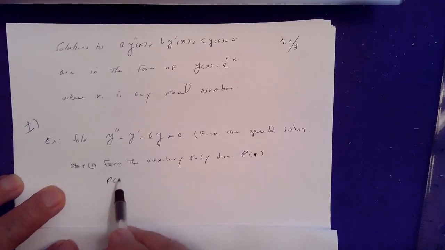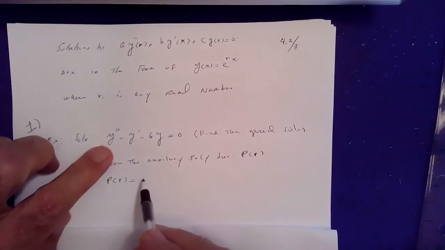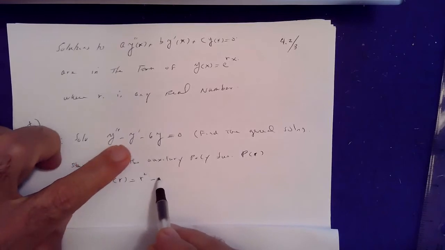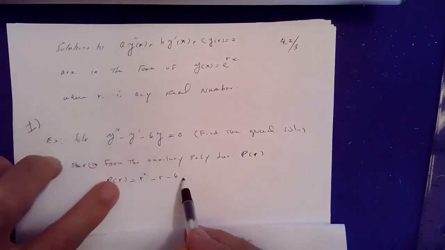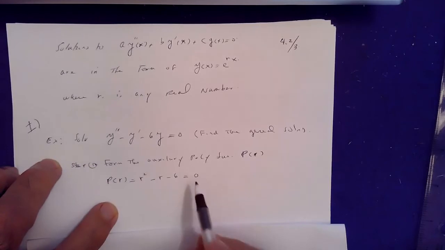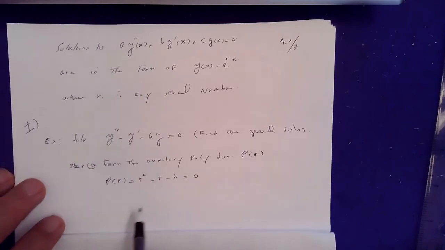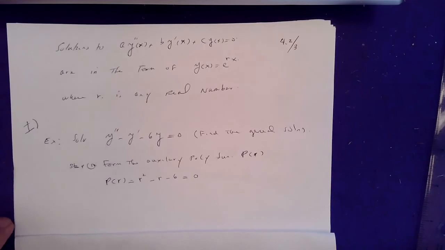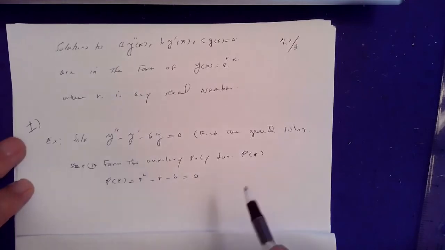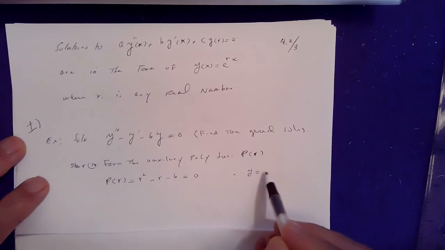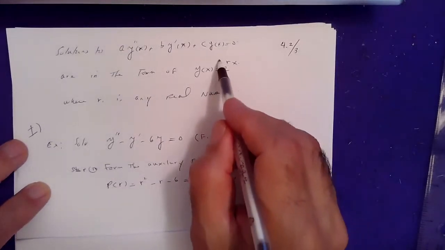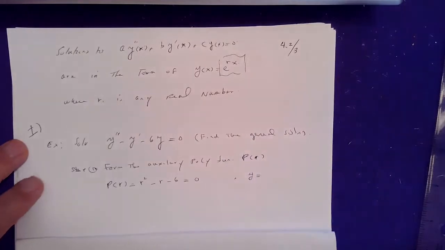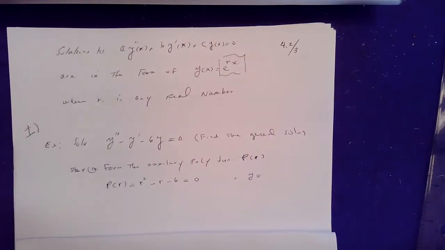How do you do that? Well, replace the y double prime with r squared, y prime with r, and then this guy is just constant. Where did this come from? Remember, if you substitute this general equation, e to the power of rx, and factor out e to the power of rx from the result, you will end up with that polynomial, correct?